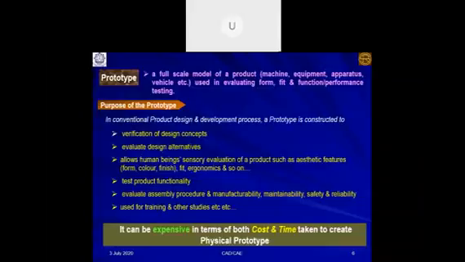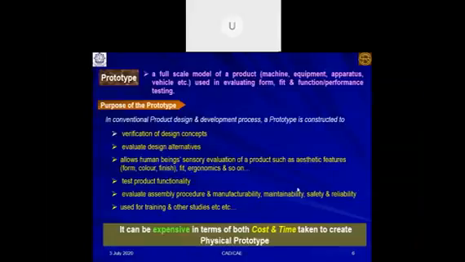Now the question is, prototype here means basically the physical one, and that is expensive, because if you develop the prototype physically, there will be involvement of man, machine and material. That means ultimately there is cost and time involved to create a physical prototype.